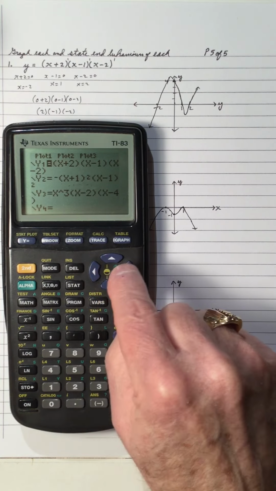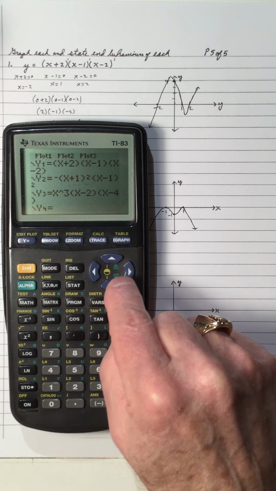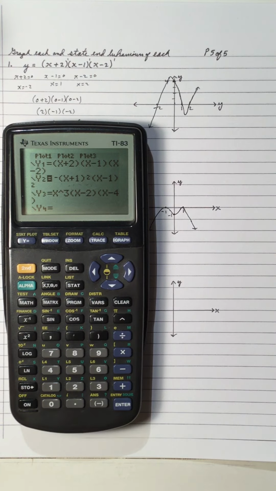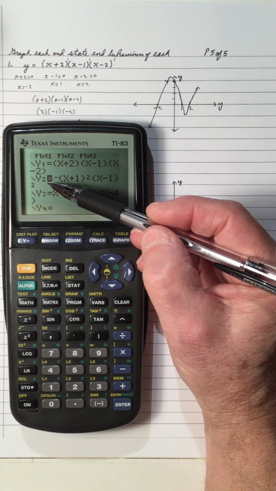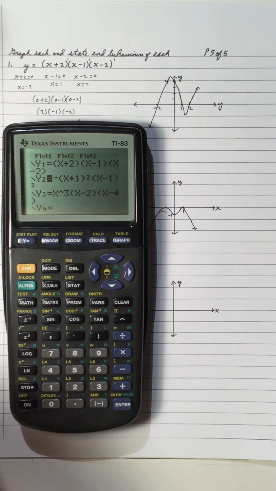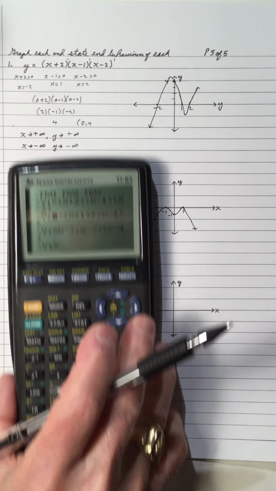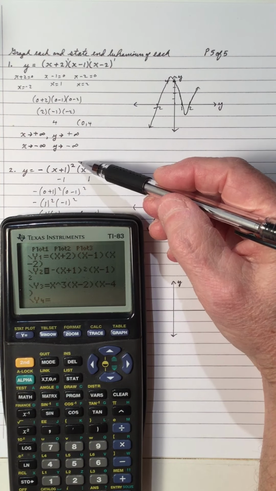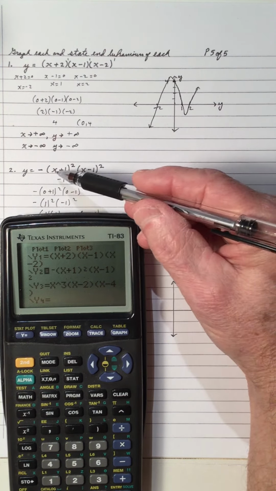So I'll go over, and now what I'm doing here, I disengage this one. Notice this one is in black, so this is the one I'm going to graph now. And this is the same equation, again, that I have here. It's x plus 1 squared, x minus 1 squared, with the negative in front.